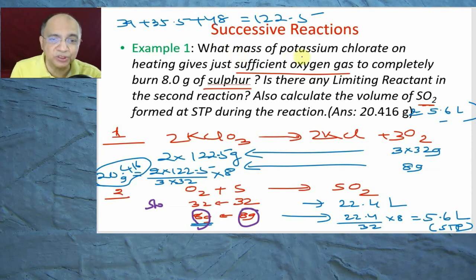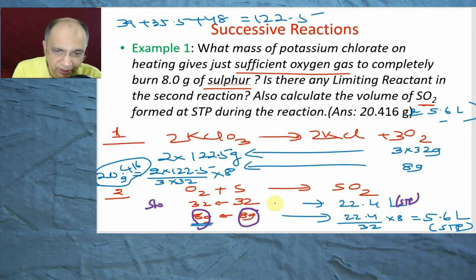What mass of KClO3? So 20.416 gram of KClO3 on heating will produce exactly 8 gram of oxygen. It will be just sufficient to combust 8 gram of sulfur to sulfur dioxide. And calculate the volume of SO2 formed at STP. Now it's very simple. Here I have done before. 1 mole means 22.4 liters at STP.